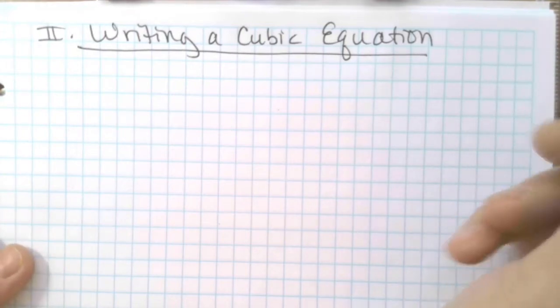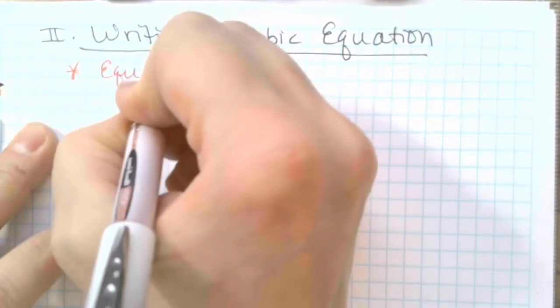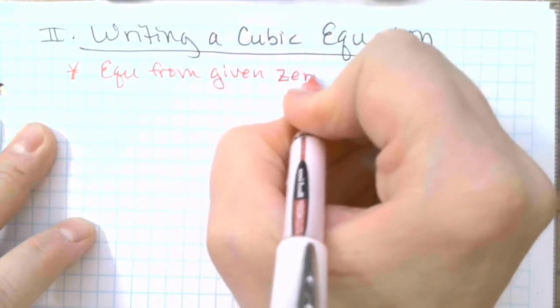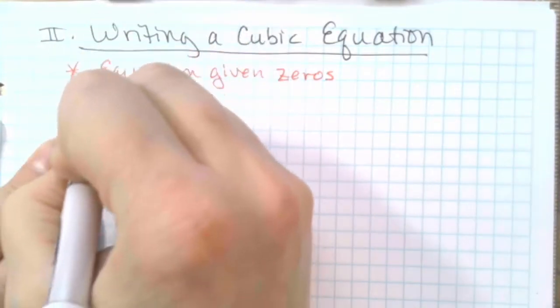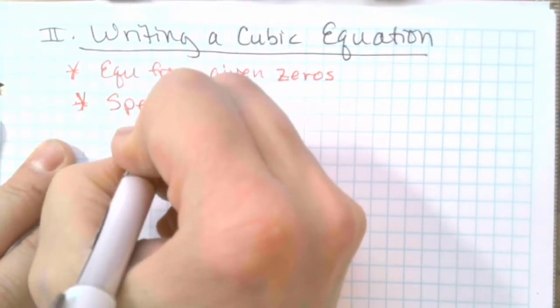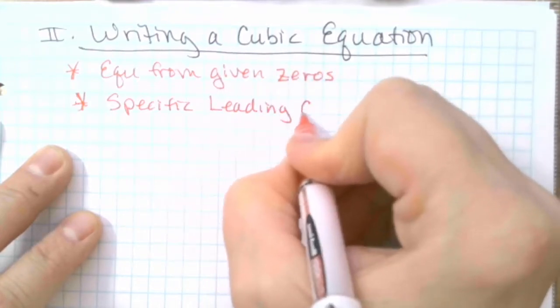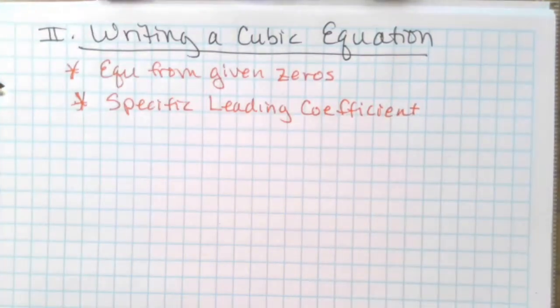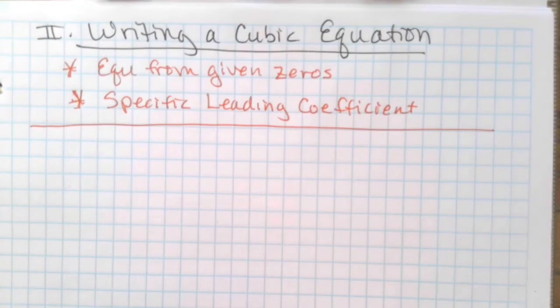Okay, so typically when you're doing this, they're going to have you write the equation from given zeros, and then sometimes they want you to have a specific leading coefficient. Just depends on the question. All right, so let's do an example.